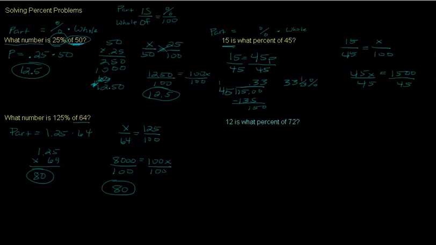All right, so 45 goes into 1,500. Okay, 3. Okay, and then we have 15 as a remainder, which is going to be 33 1/3%.